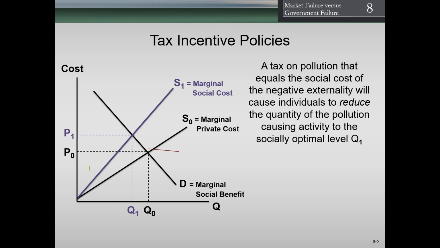So, tax incentive policies. A tax on pollution, for example, that equals the social cost of a negative externality will cause individuals to reduce the quantity of the pollution-causing activity to the socially optimal level. So basically, this is the idea that we have a negative externality, in this case pollution.